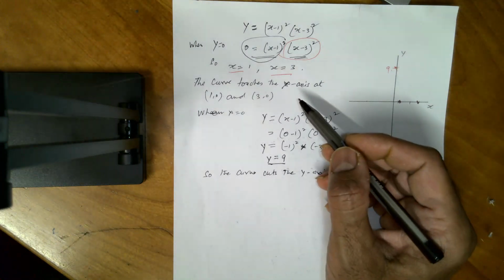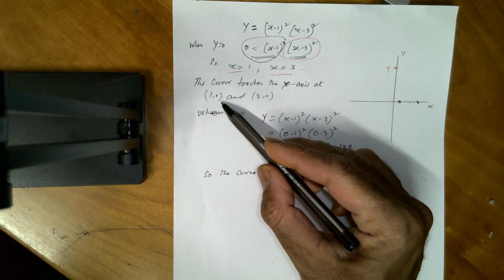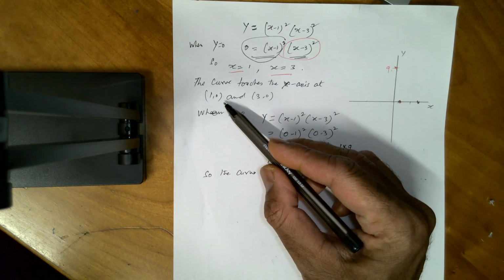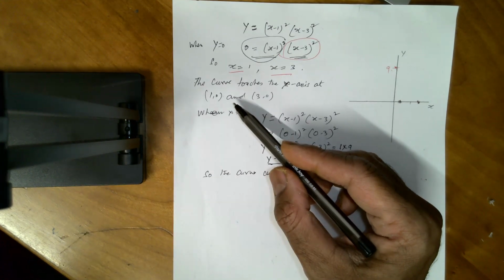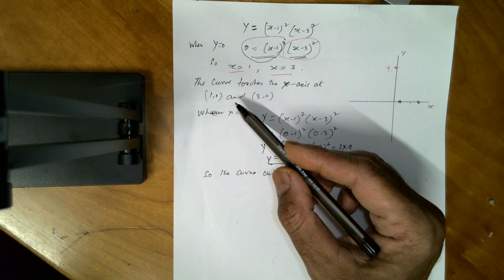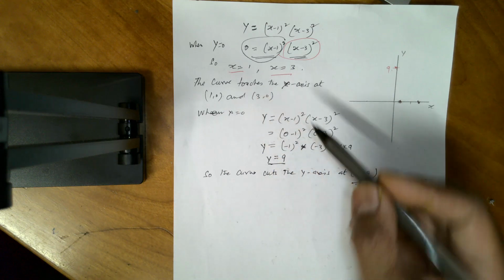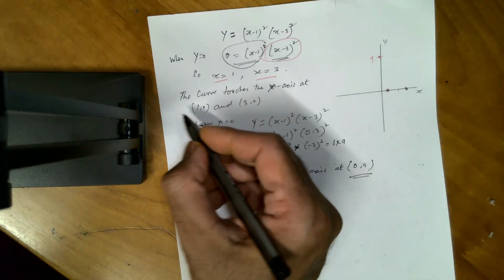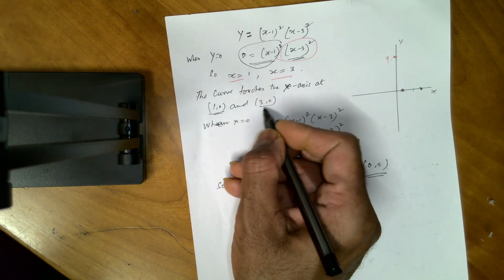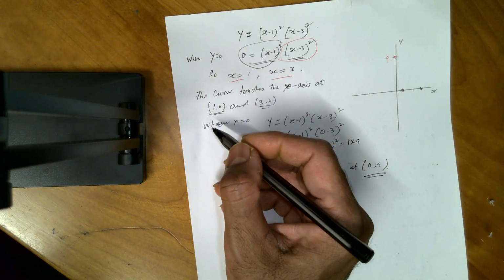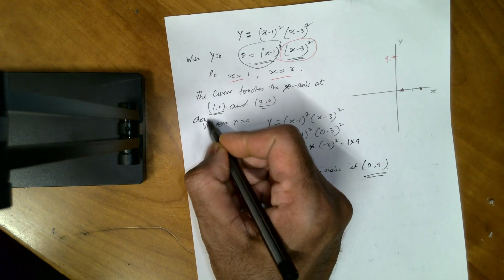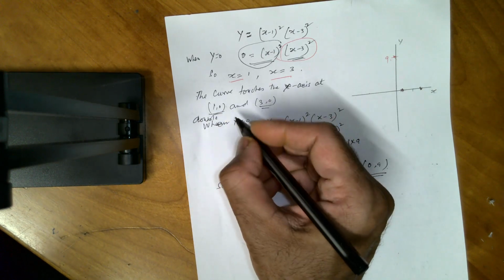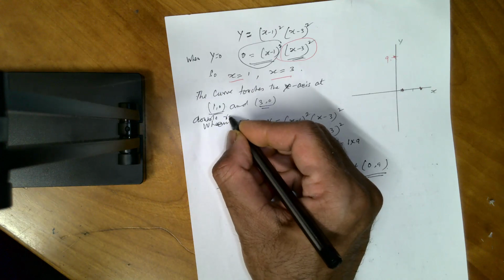Okay, so now before we move on, same thing here. You see here these two coordinates where it touches the x-axis. These are both double repeated roots. Yeah, so I write down here for you as well. So these are double repeated roots.